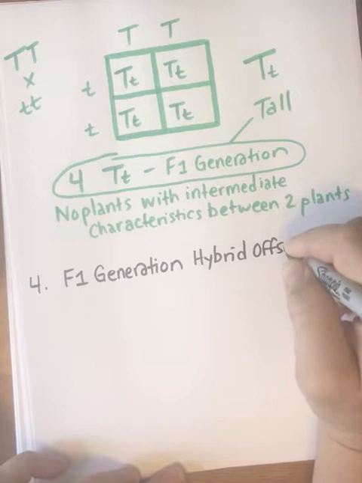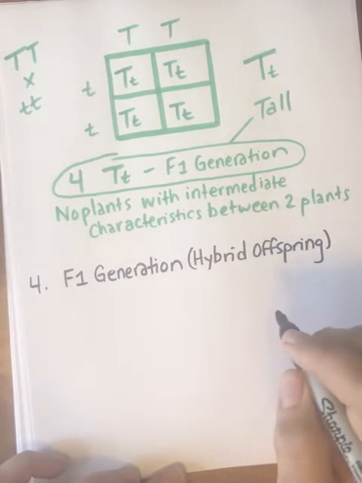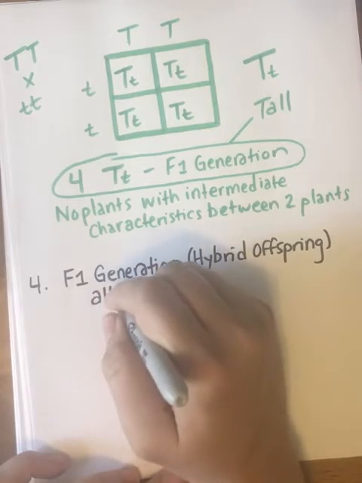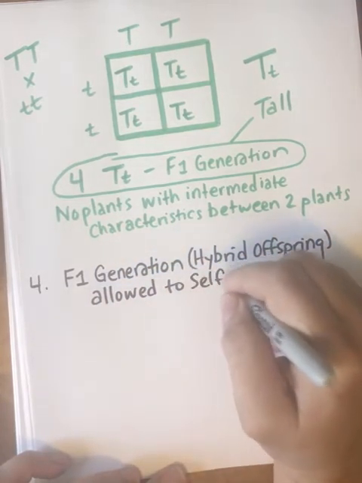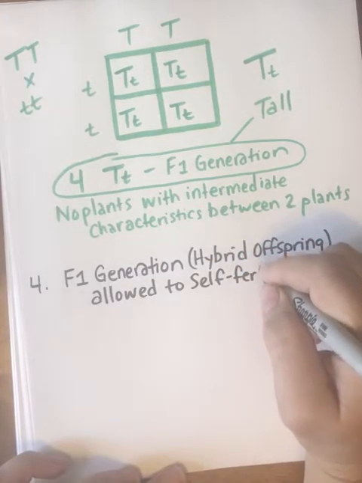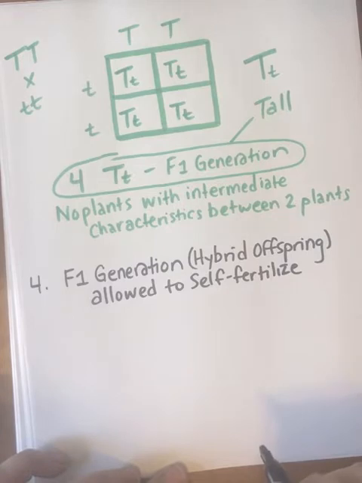These are the hybrid offspring of 2 true breeding plants. They were allowed to self-fertilize. So they cross with themselves. And this is going to create the F2 generation.